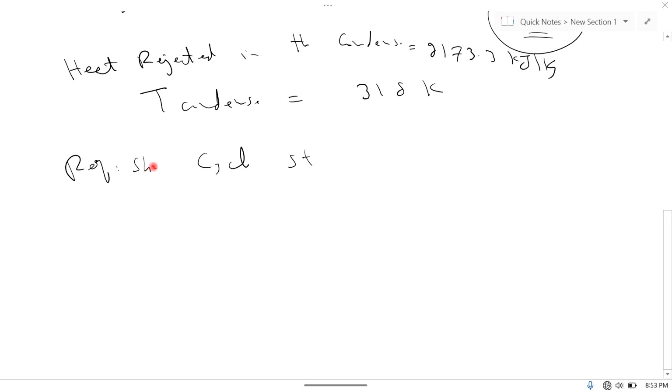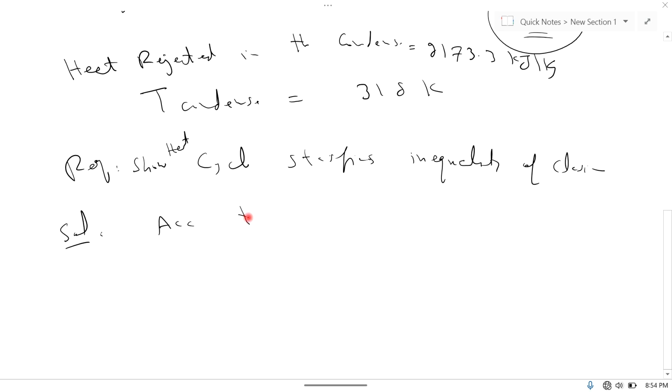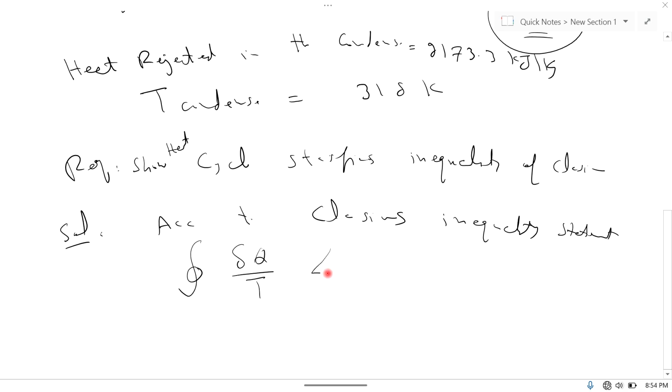So in the solution, according to the Clausius inequality statement, from the book, the cyclic integral of del Q divided by T is less than or equal to 0. This is basically the second law of thermodynamics.